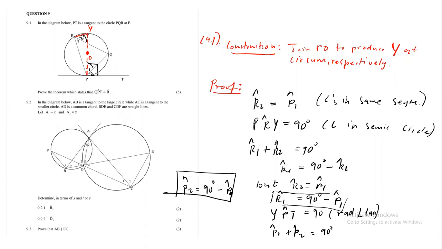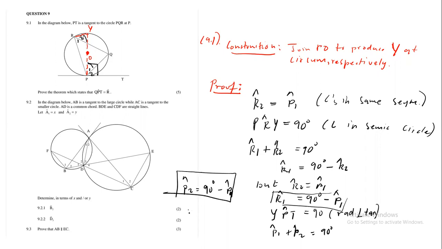Both of them are equal because they are equal to 90 degrees minus P1. And therefore, now we're going to conclude. What is P2? Remember, P2 is QPT. What is R1? R1 is angle R, simply angle R, which is the very same angle.